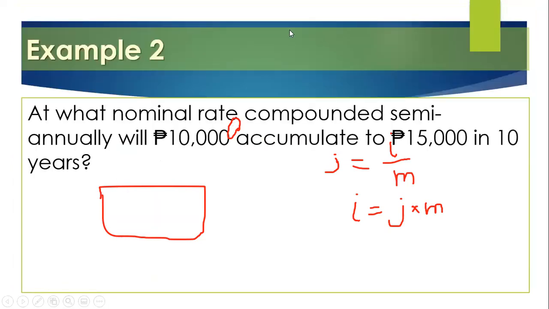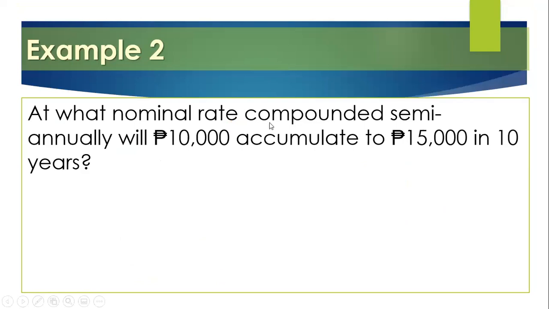So, example number 2, at what nominal rate compounded semi-annually will 10,000 pesos accumulate to 15,000 pesos in 10 years? Okay? So, makikita natin dito ang given sa atin, F, P, at saka yung number of years. So, gaano kataas kaya yung interest nun? Kung kumita yung 10,000, naging 15,000 sa loob ng 10 taon. Okay?